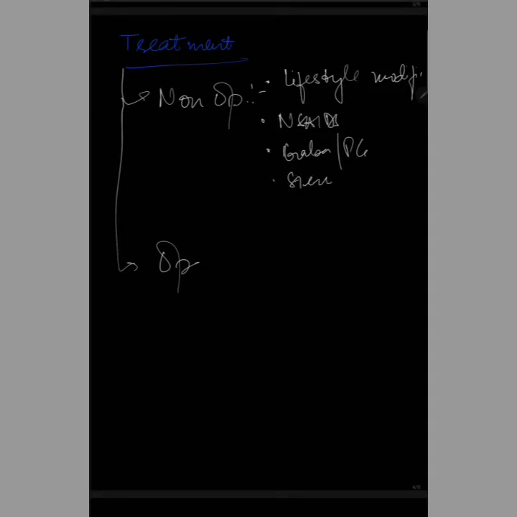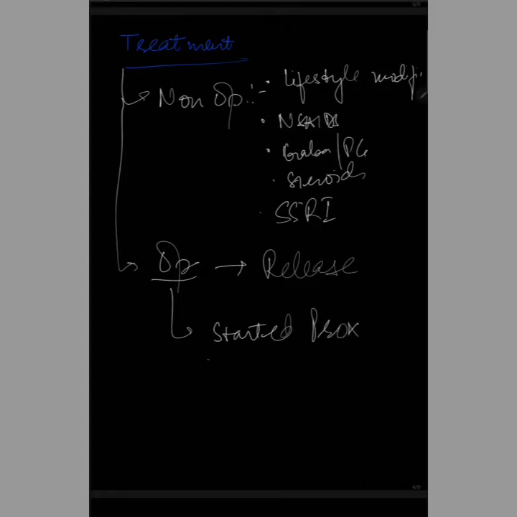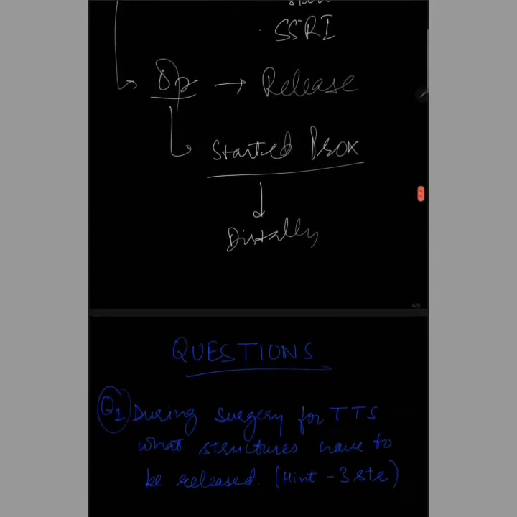Sometimes steroids also help. And in some cases, SSRIs are also used. Secondly, the operative treatment. Operative treatment is basically release of the tunnel. In this surgery, you only have to remember that the release is pretty straightforward and it is started proximally. First, we identify the tibial nerve and then move distally while releasing the flexor retinaculum.